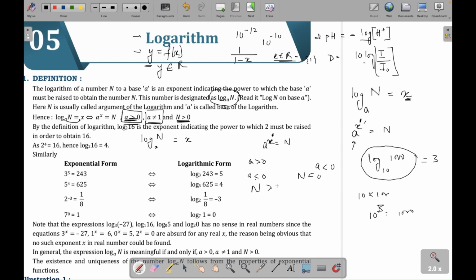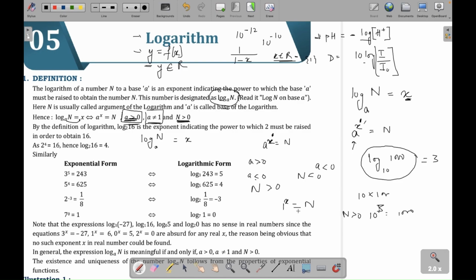Now, why is a not equal to 1? That means 1 to the power x is equal to n. 1 to the power anything is 1 itself, but n can have any value because n is a number. You know n is greater than 0, but the left hand side is always 1.